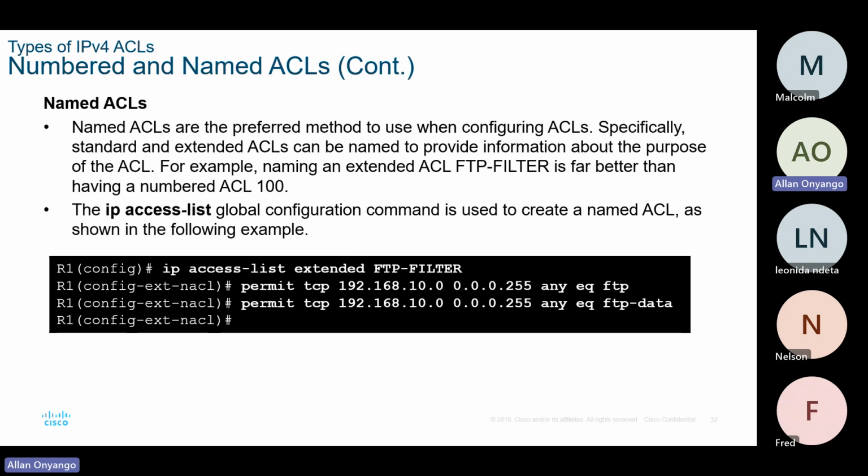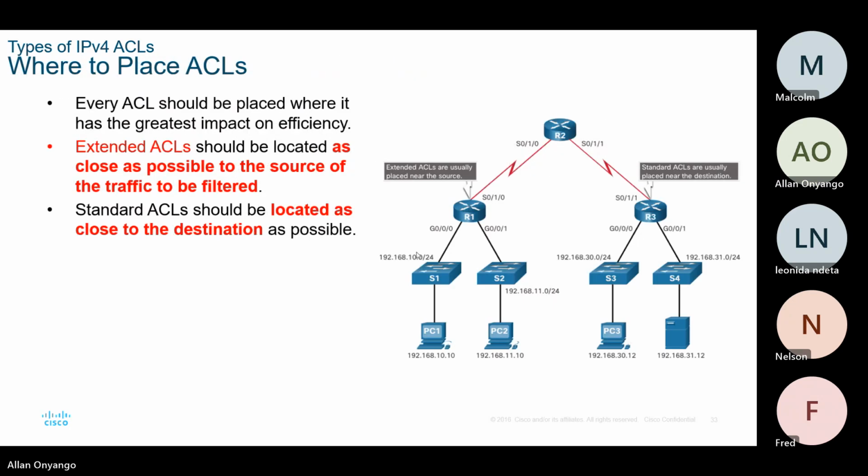They will differentiate the standard from extended. So for named ACLs, you say IP access-list extended, for example, FTP-filter. Then your permit statements will be, for example, permit TCP. Of course, I'm going to explain all this in the next part of this class.